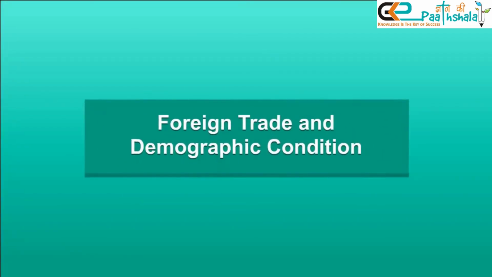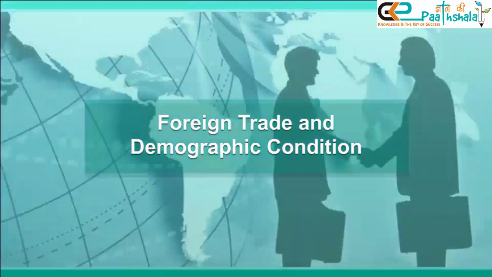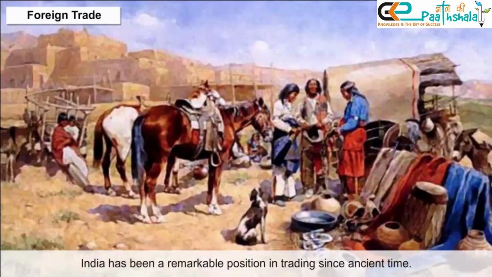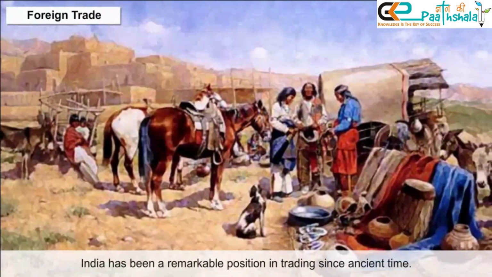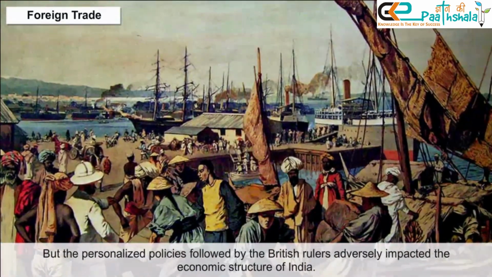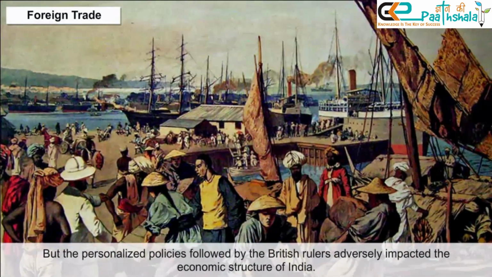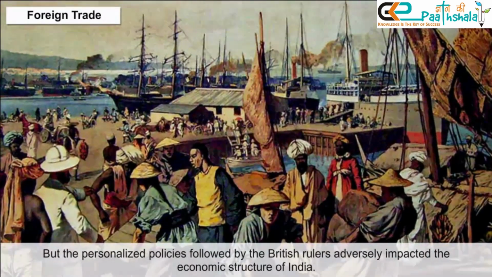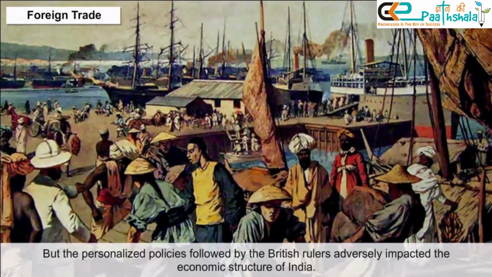Foreign trade and demographic condition. Foreign trade. India has been in a remarkable position in trading since ancient times. But the personalized policy followed by the British rulers adversely impacted the economic structure of India.